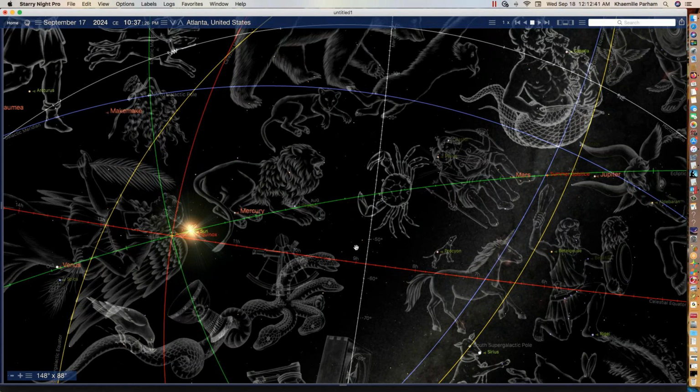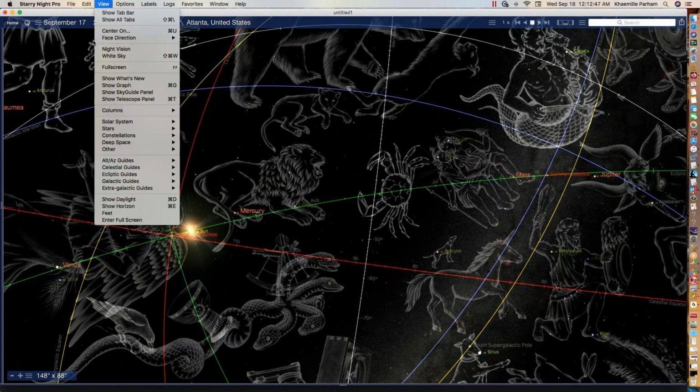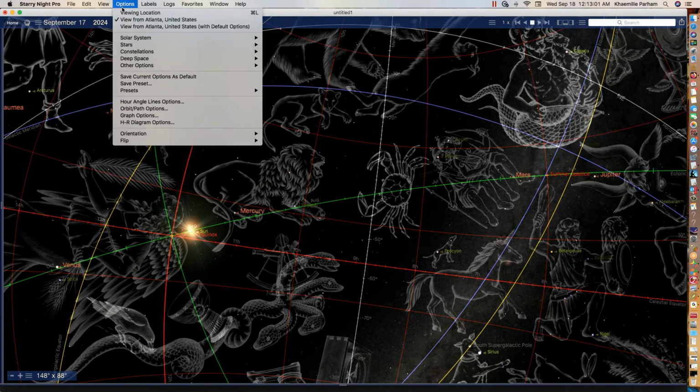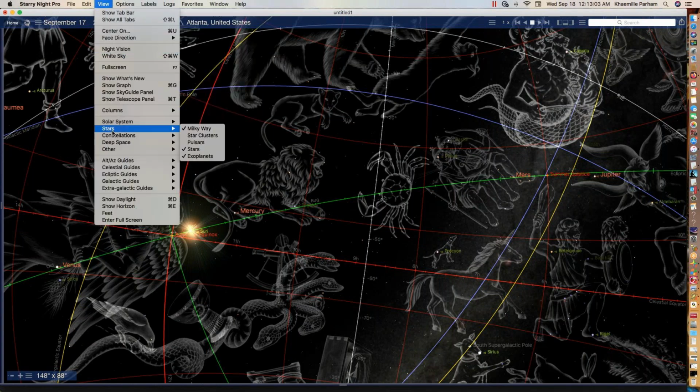Now, let's see if we can add the grid of the equator. You see red lines appearing slowly here. This is the webbing.